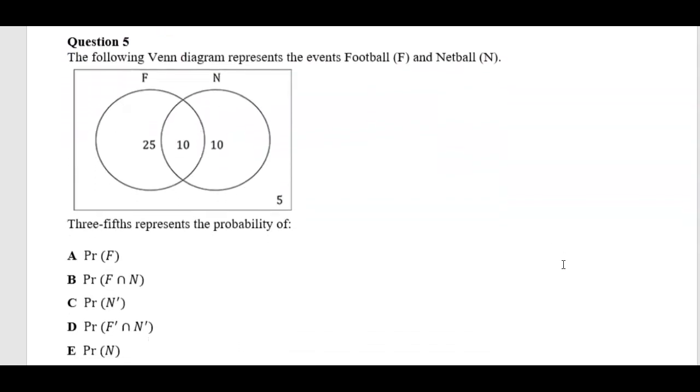All right, question 5. The following Venn diagram represents the events football and netball. 3/5 represents the probability of. Okay, so again, we're going to have to go through all of them. So in total, we'll just count up how many people we have. So 25, 10, 10, and 5 gives you 50. So the probability of F is going to be 35 over 50.